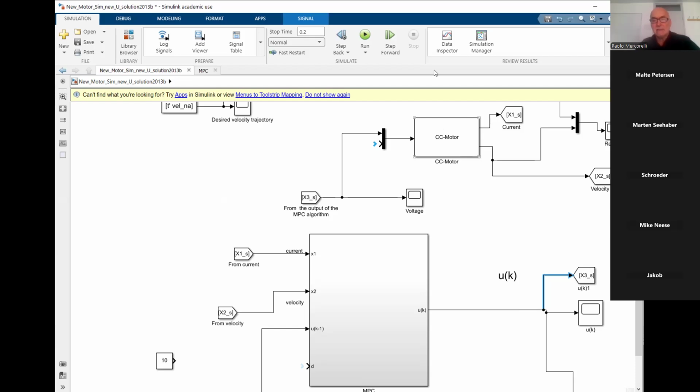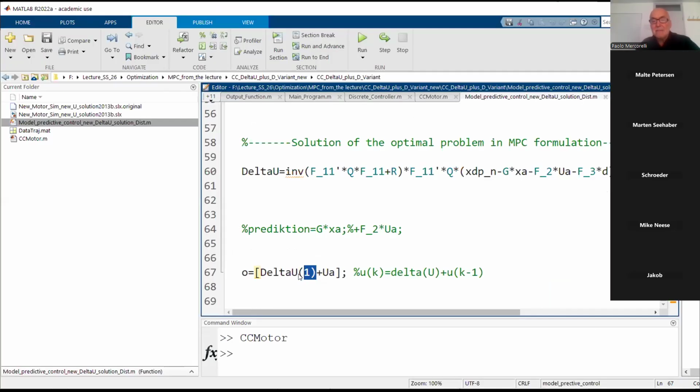Let me come back to this in order to understand better. As last time, here the delta is just the first element. Because you remember, I told you also today, also last time a lot, the model predictive control calculates the vector in terms of u or the delta u for the future. But of course, I have to apply just the first one.